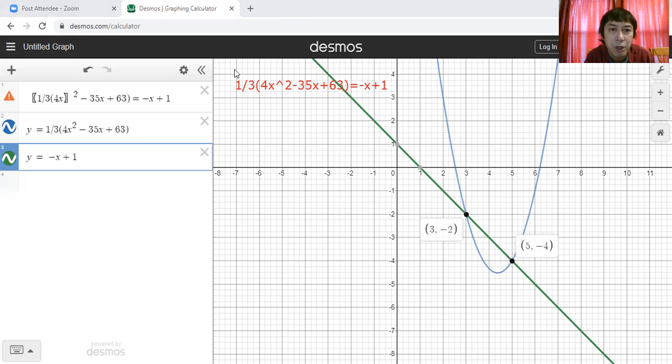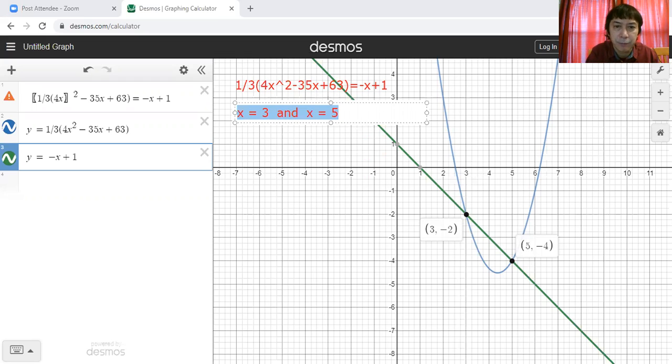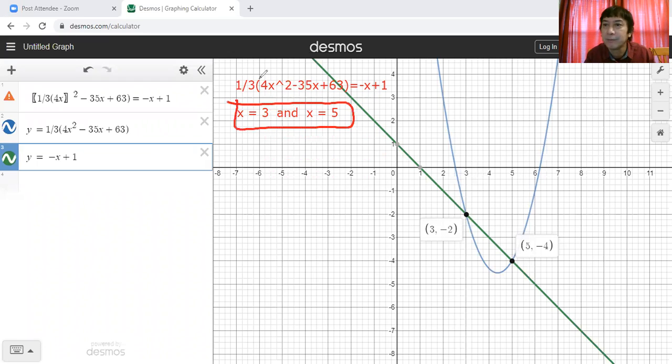So our answers are x equals 3 and x equals 5, and we shall type this in our problem set. We're done with the graphing solution, and you have the two answers, x equals 3 and x equals 5. We shall proceed to the other screen.